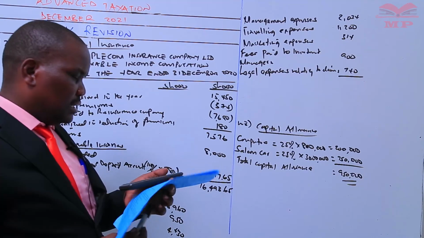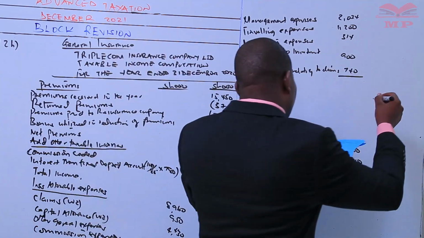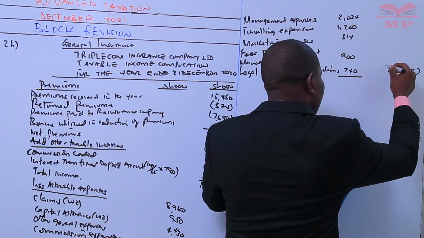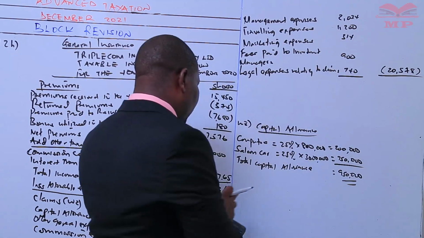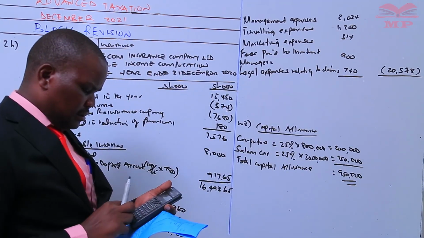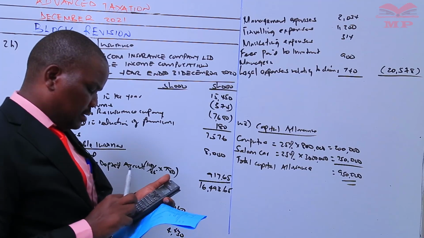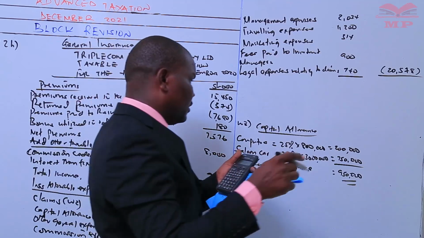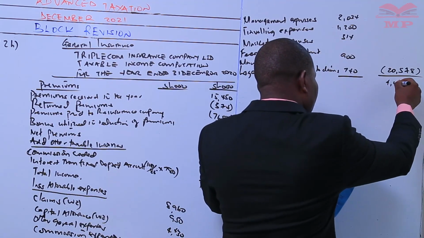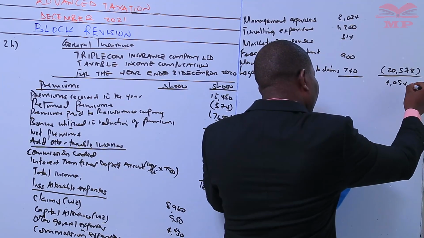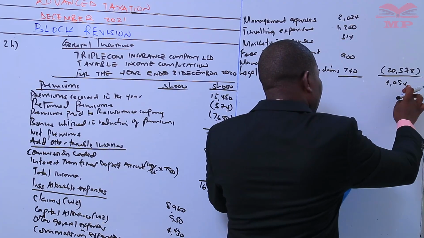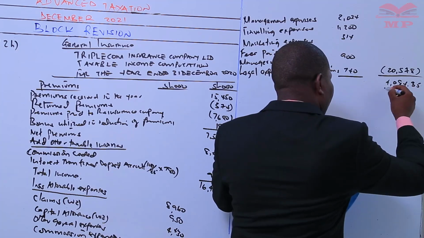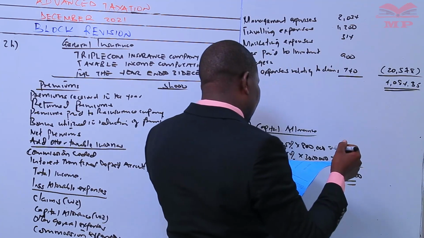A total of 20 million 578. We deduct that from the total income of 16,493.65. The difference is 4,884,000.35. We double underline because it is the end of the working, and it is a loss.